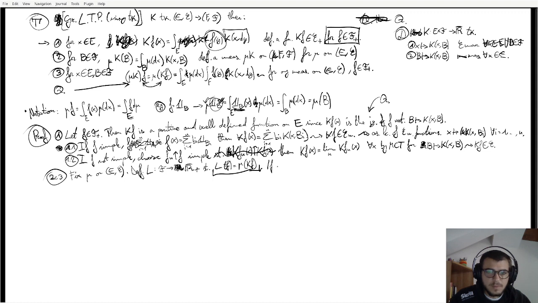Well, actually this proof relies on another theorem that we will see maybe next. So if f is 0, we have that L of f is 0. I don't know why.